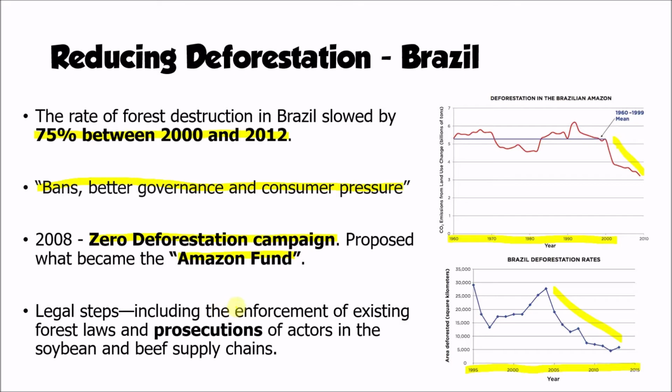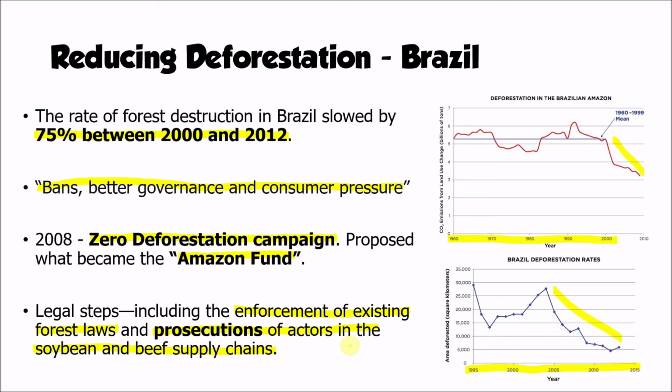One of the important steps within Brazil's journey to reducing deforestation actually focused on the enforcement of existing laws. So there always have been laws in place preventing deforestation, but not necessarily always being heavily enforced. And more prosecutions of people within either the soybean or the beef industry who were either deforesting the land or profiting from activities taking place on deforested land.